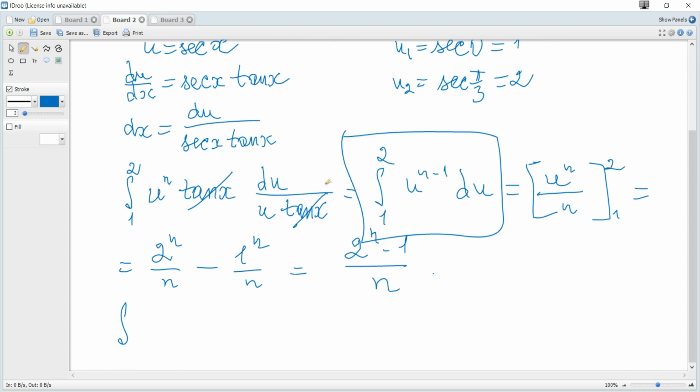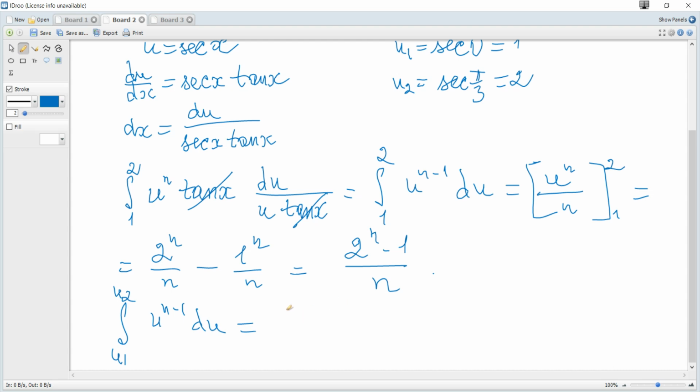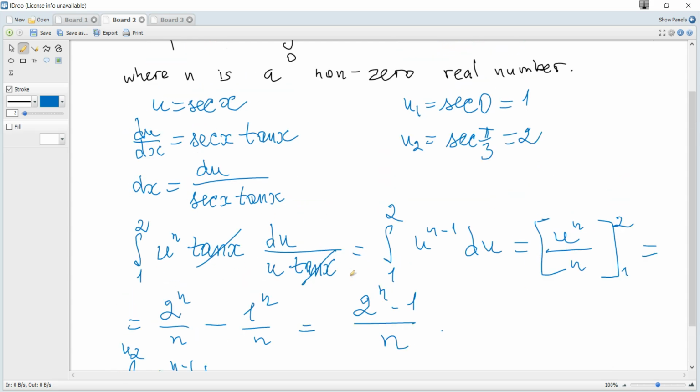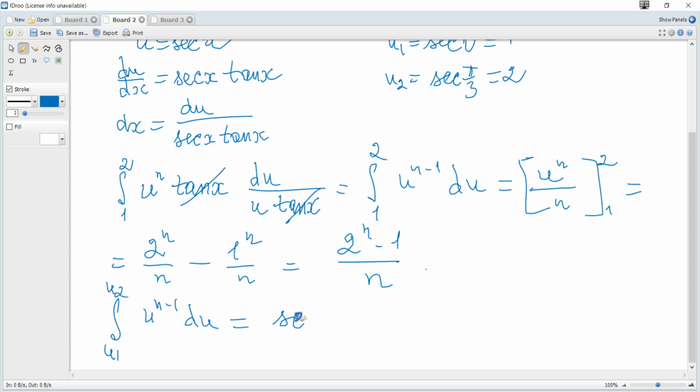Here we can write that there are some limits in terms of u, u1, u2, and the same integral, and when we integrate it, it becomes u to the power n over n, and we can write u again in terms of x, secant x to the power of n over n, and write limits in terms of x, so 0 and pi over 3, and calculate, substituting the upper limit minus the lower limit, and get the same result.